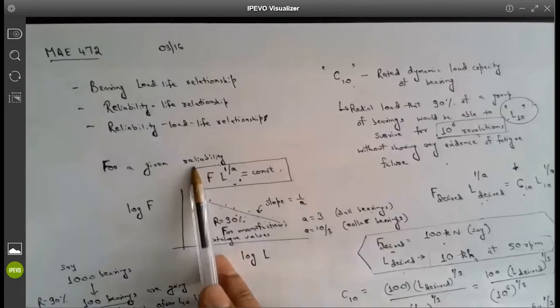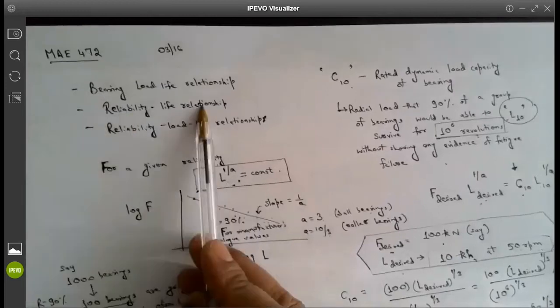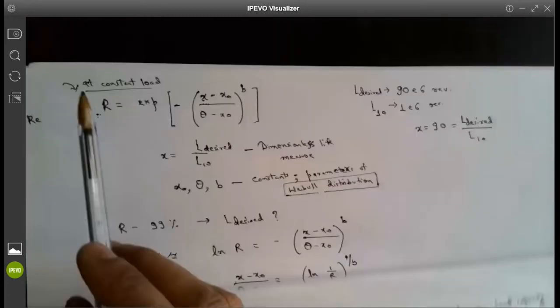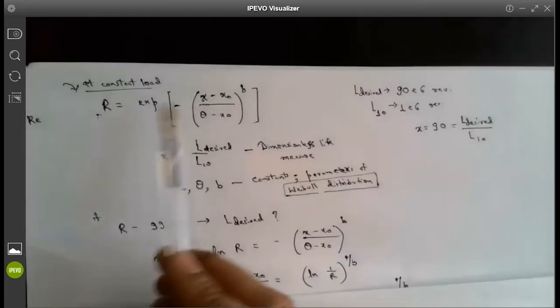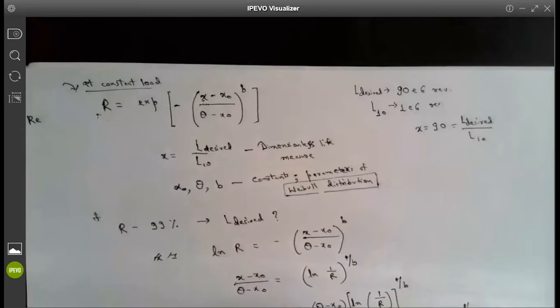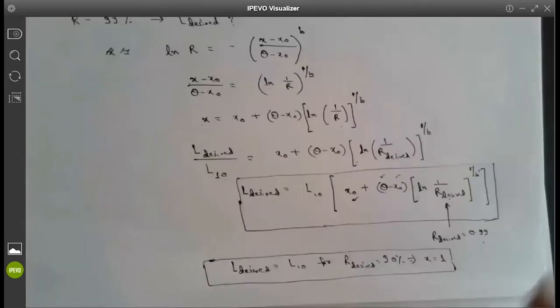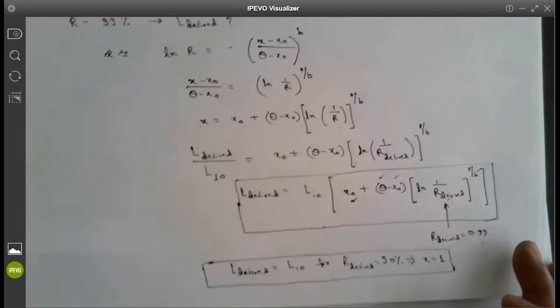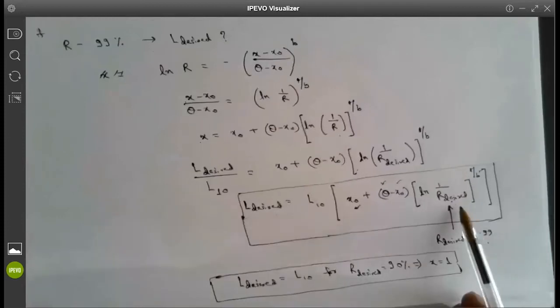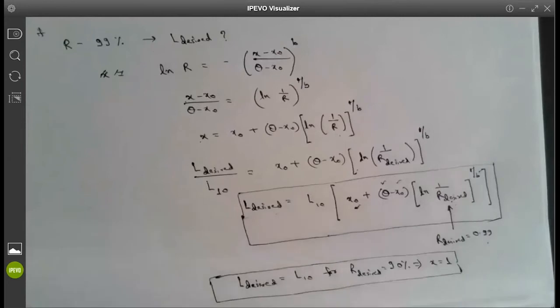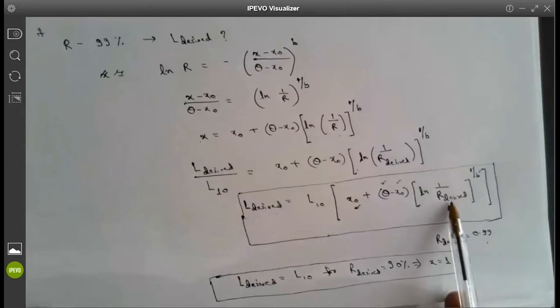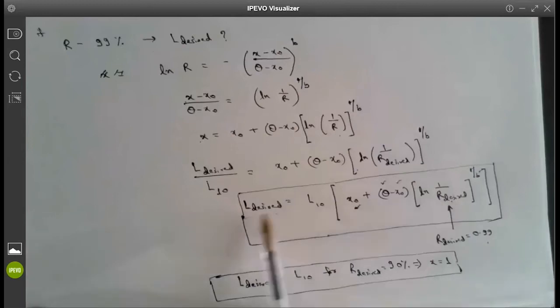Now what we are looking at is the reliability-life relationship at constant load. Using this specific expression, we know exactly what my L desired would be if my desired reliability is given to me. For example, I want my reliability for a group of bearings to be 99%. I will plug that number into this expression, and I will get the value of L.